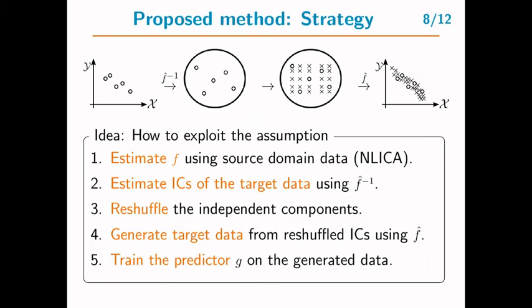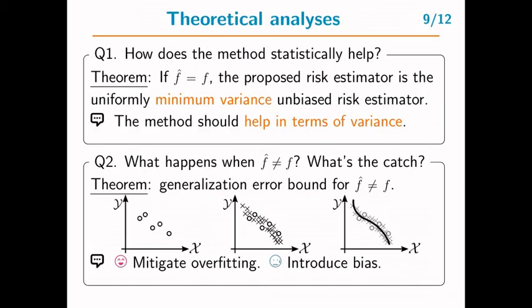And in the next step, we treat each of these grid points as candidate independent components. And we apply the estimated f again, so that we can obtain pseudo-target data points from each possible candidate of independent components. Finally, we use all the generated pseudo-target data to fit the predictor model of your choice.